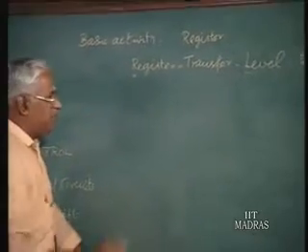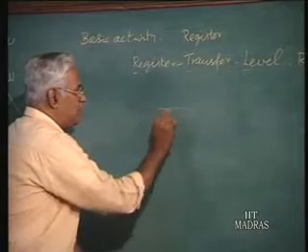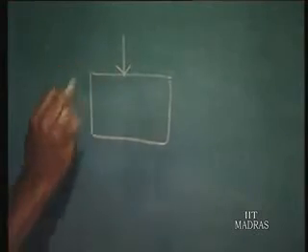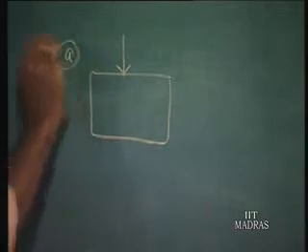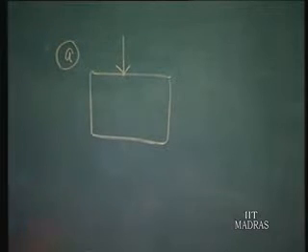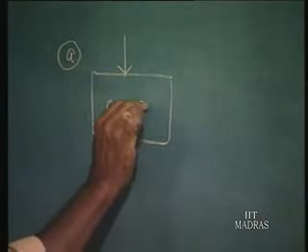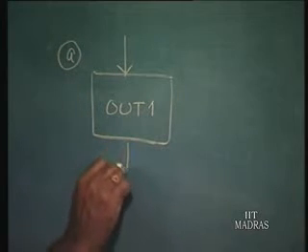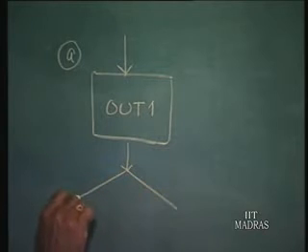Fine. A state can be represented, let us say, using a box. The machine enters a particular state, I'll just call it state A, and in that state it generates some output which I will name out1, and in the same state A it checks for some input.